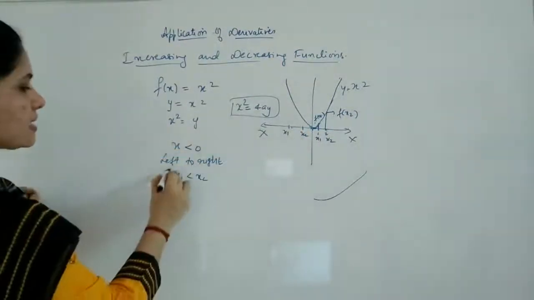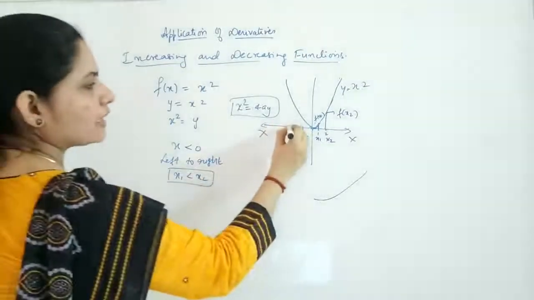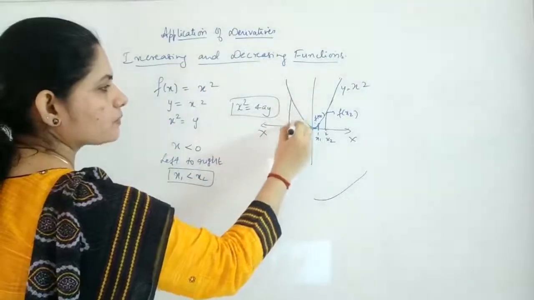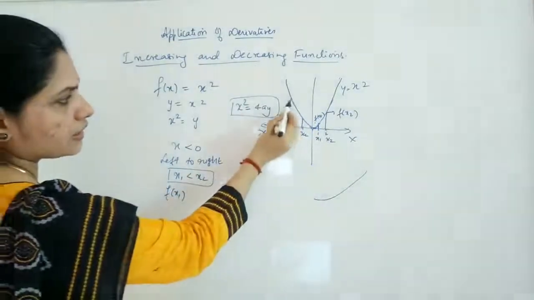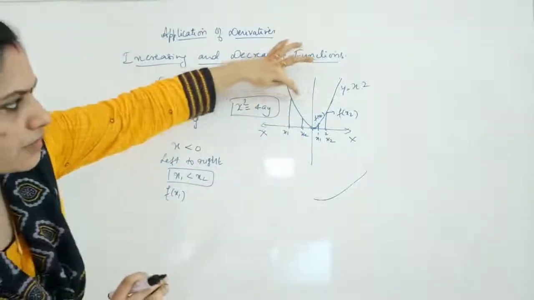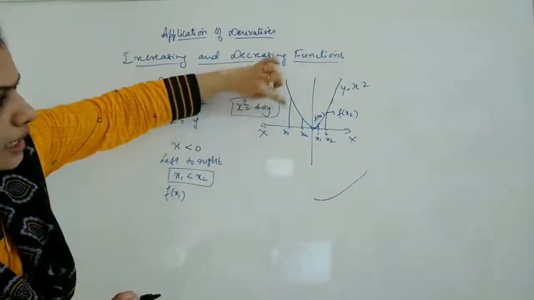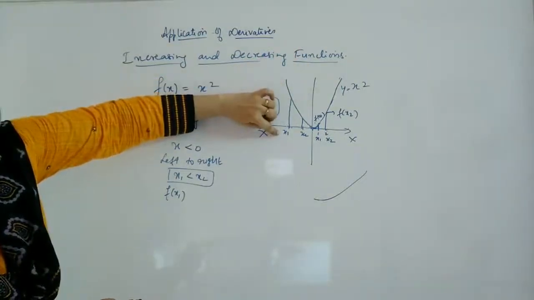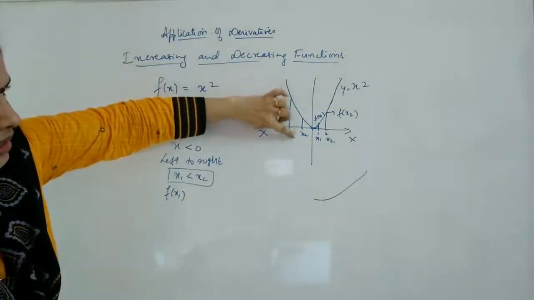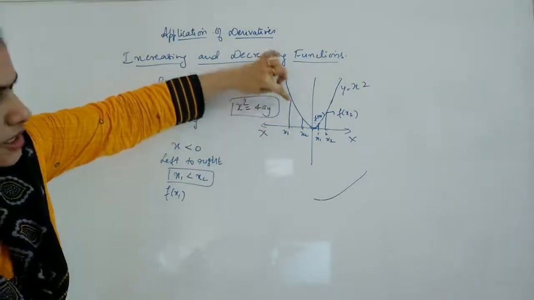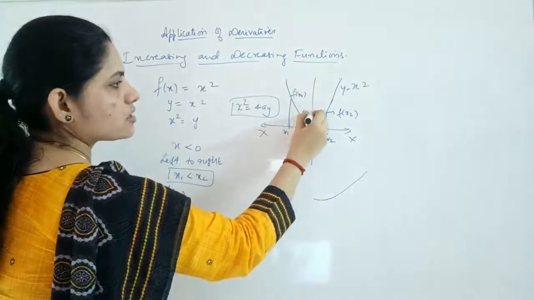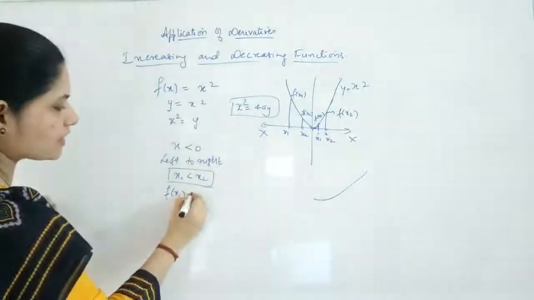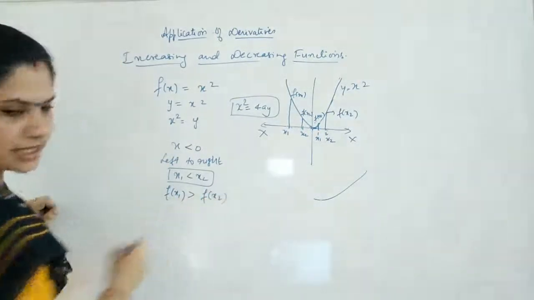So x1 less than x2 I have taken. But correspondingly, what about the function value? You can just see in the figure itself, the function value, that is your y value, is more at the point x1 than the point x2. The function value f of x1 is this one and f of x2 is this one. So f of x1 is greater than f of x2 in this case.